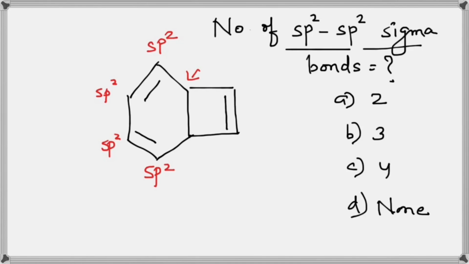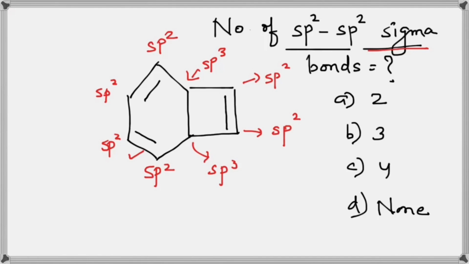Look at the carbon atom here, it has no double bonds, so it is sp3. Similarly, this carbon is also sp3. There is a double bond present in this carbon, so it is sp2. And finally, we have one more carbon with a double bond, so it is also sp2. Now between those carbon atoms which are sp2, we have to count the sigma bonds. So let's start counting them.